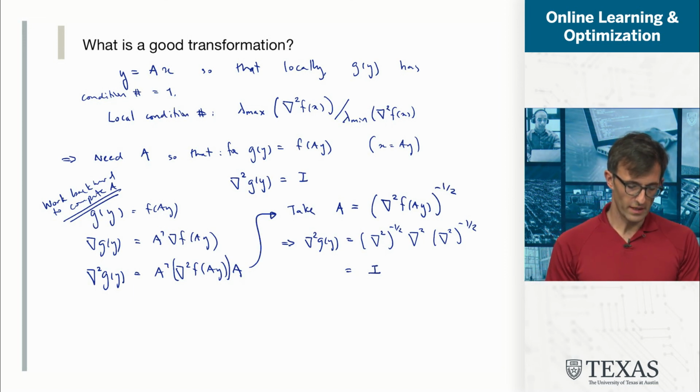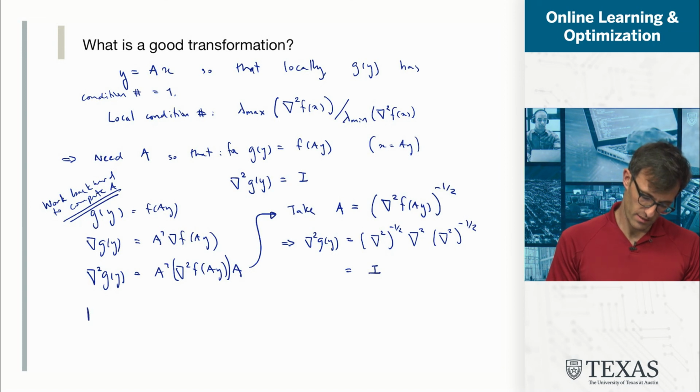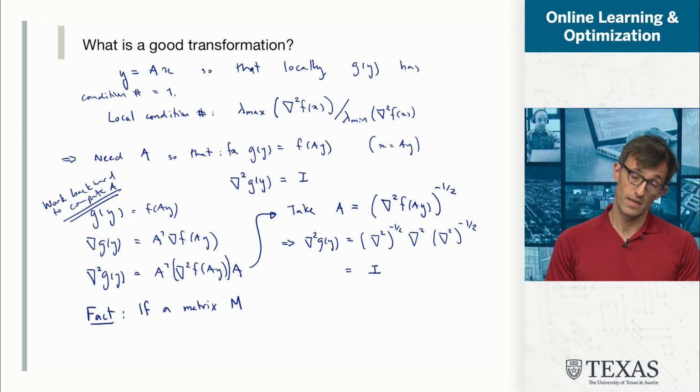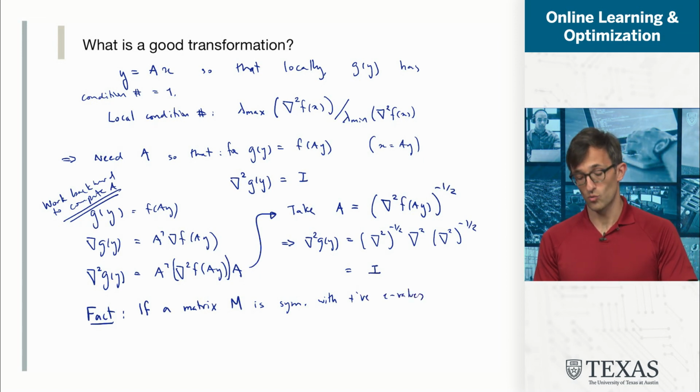So what we really need here is the key fact that if a matrix M is symmetric with strictly positive eigenvalues, then we can write down its square root.